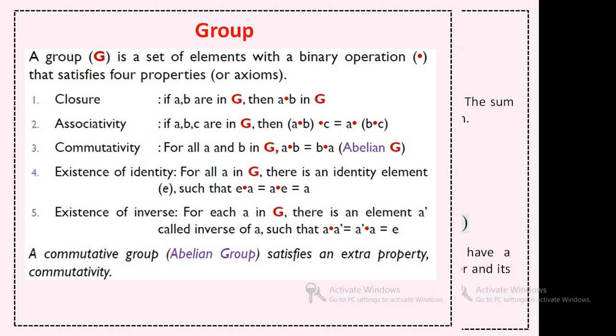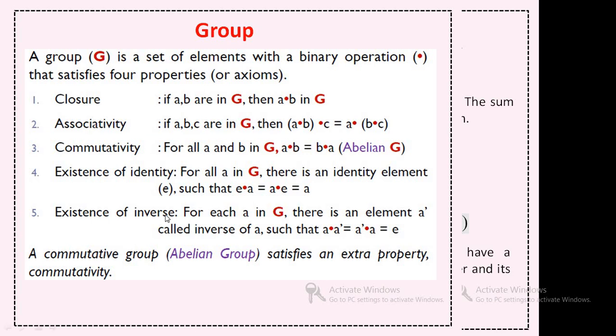The closure property says that if A and B are in G, then A operator B is always in G. Before going further, I'll explain the properties one by one and come back to this slide again and again. For the time being, please just write down the closure. The rest will come one after the other.